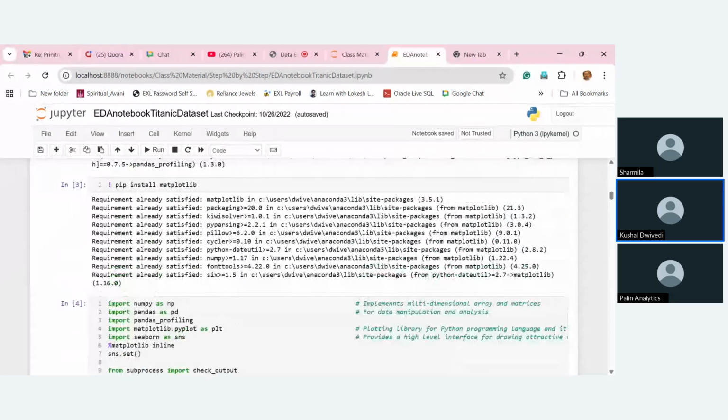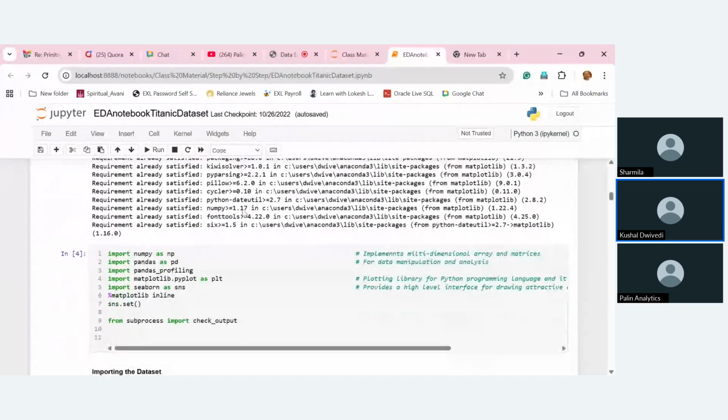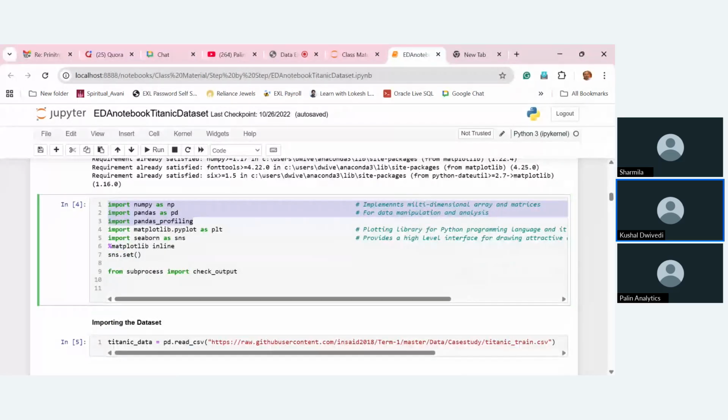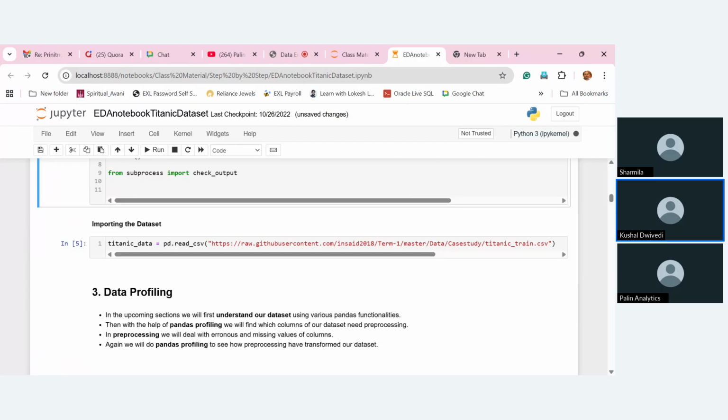Then these are the packages we are going to use: NumPy, Pandas, Pandas profiling, Matplotlib, Seaborn, and so on. Let me execute this. Okay, so this is installed now.